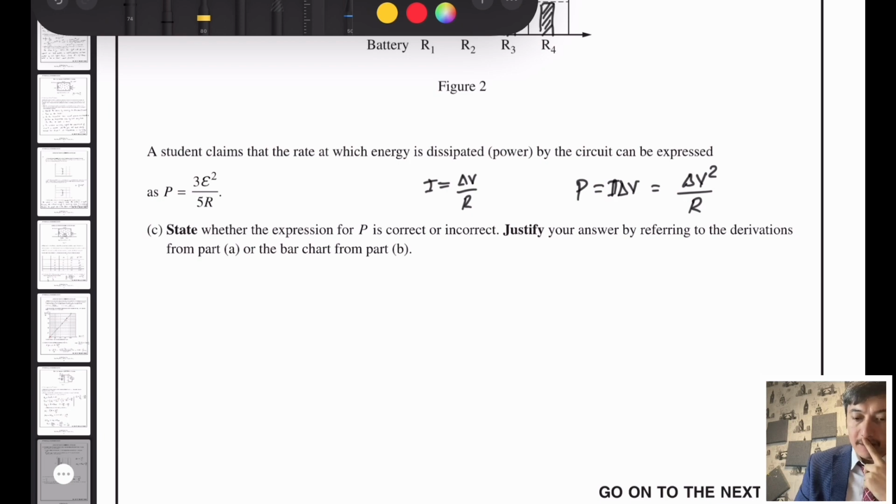So we have got in the battery the current which is equal to 3 epsilon over 5R, and the potential change is just epsilon.